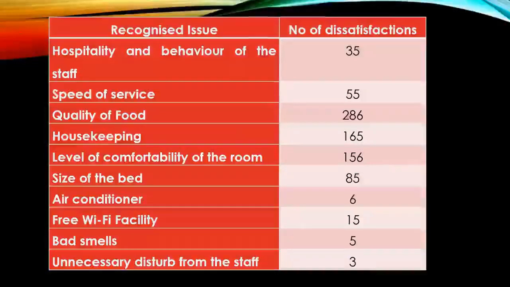Then the second one, number of dissatisfactions. Here, first one 35, second one 55, third one 286, fourth one 165. Likewise, there is no order sequence, no ascending or descending order, nothing.